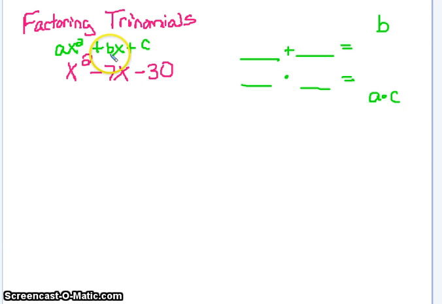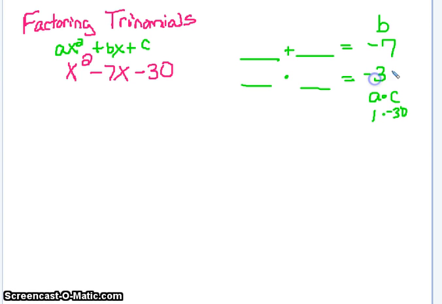Once again, my b is the coefficient of the x, in this case negative 7, and my a is in front of the x squared, so in this case it's just going to be 1, and my c is my constant term out here.